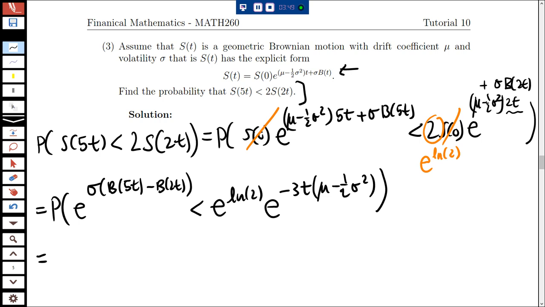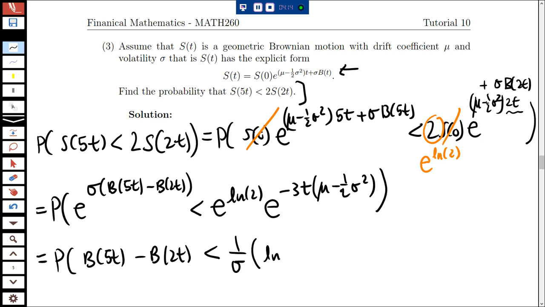Now what? I would like to remove the e's. So let's do that. We have B 5t minus B 2t. The sigma, I think I'm going to take it to the other side because I know the difference between 2 Brownian motions has a special equation. What do we have left?